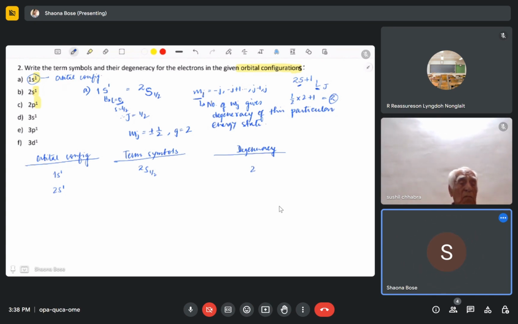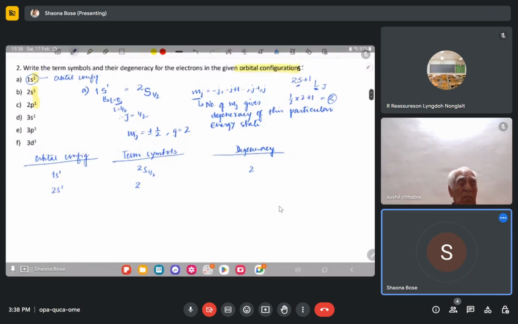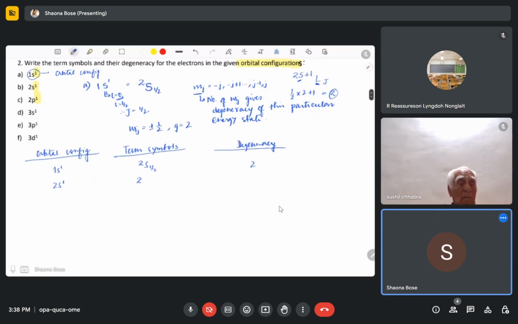In a similar fashion, you can see that our multiplicity will be 2, and this will be S as usual, and J here again L plus S, so half plus 0, that is half.